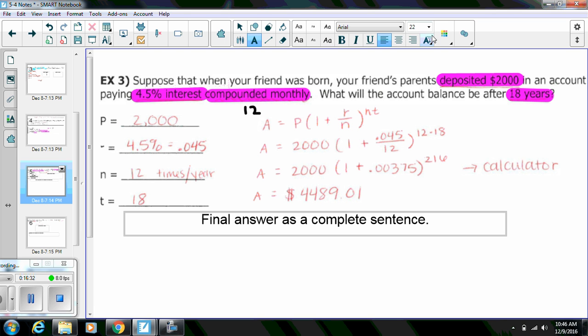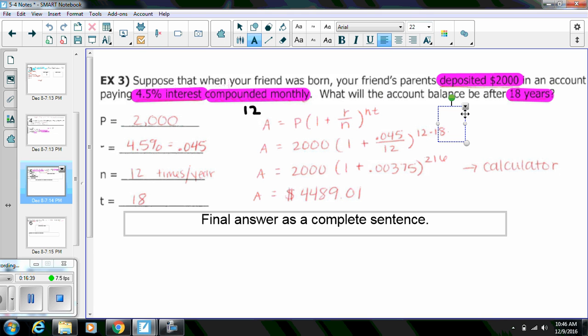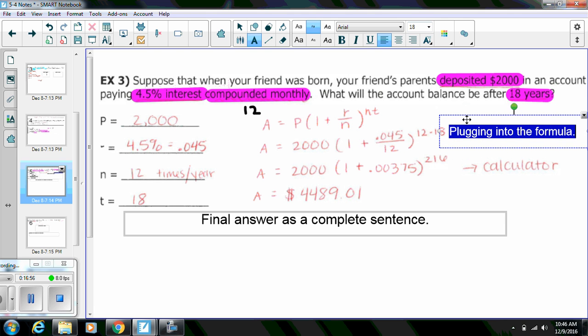So if you would like to label your steps, this step right here is plugging into the formula. So let's make this fit a little bit better. So we plugged into the formula.